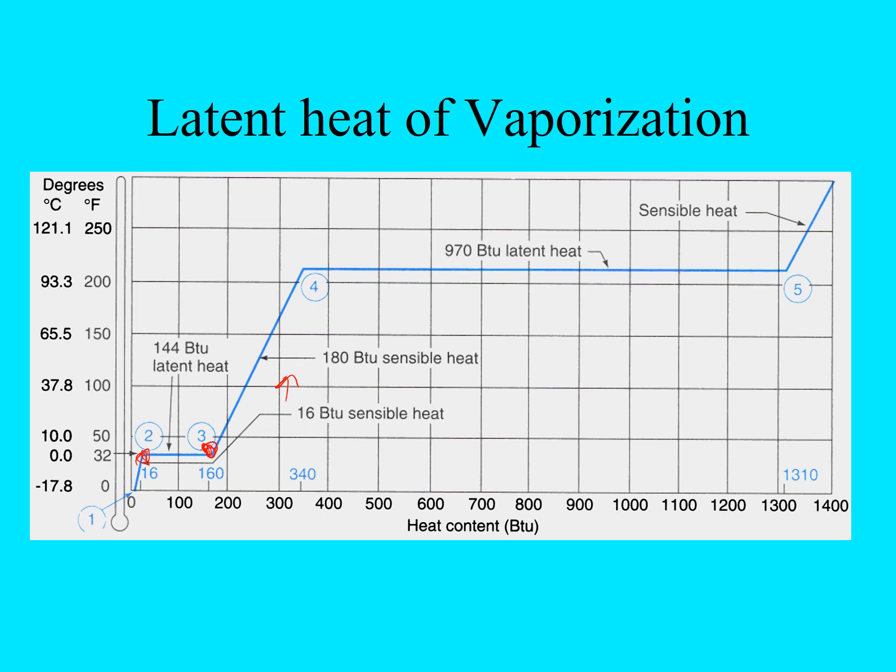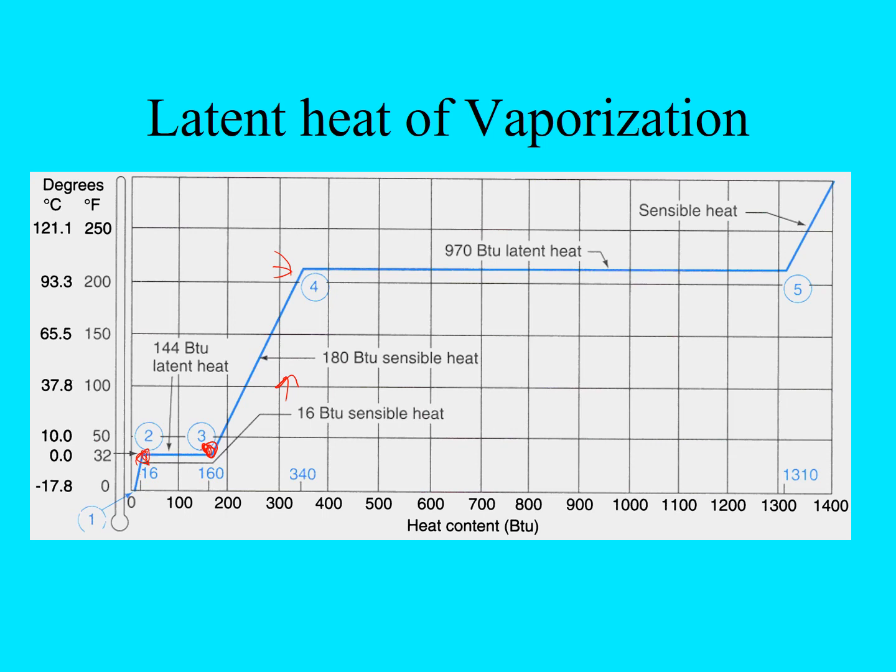Once we get up to 212, which is the boiling point of water, at point 4, the water will start to boil, and now we have to add a lot more latent heat to get this 1 pound of water to change over to steam.